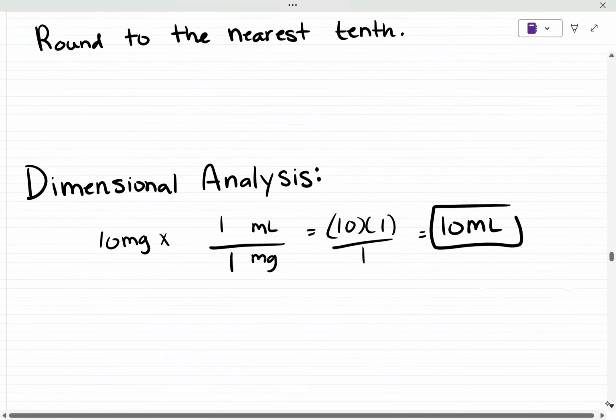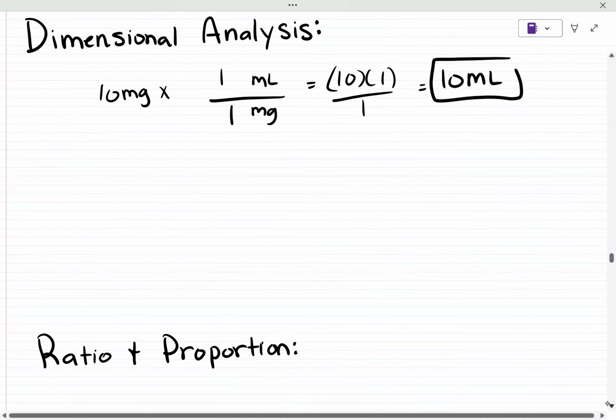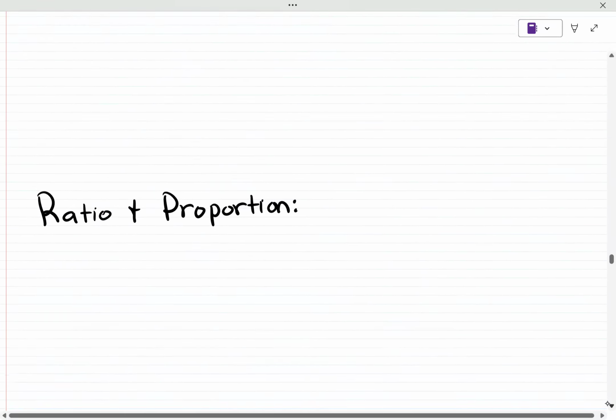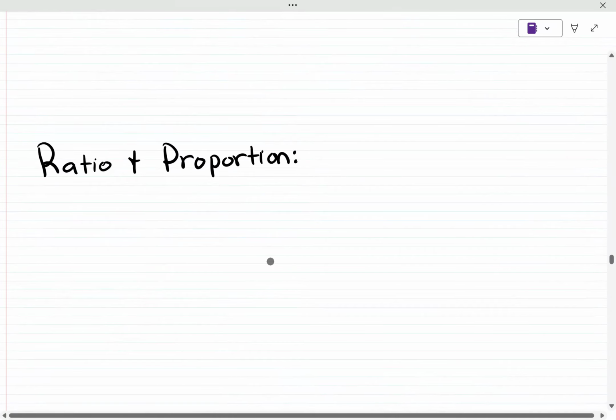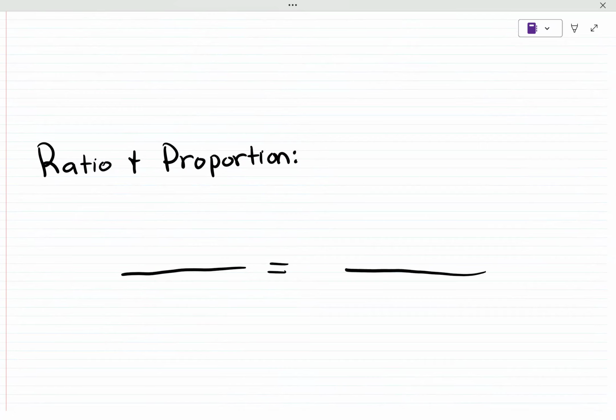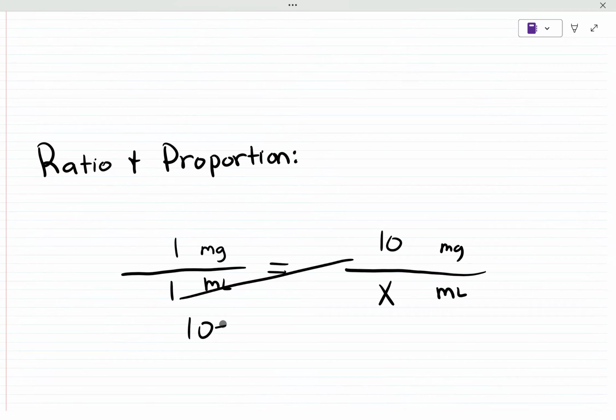So ratio and proportion. Milligrams on the top, milliliters on the bottom. For 1 milliliter, there's 1 milligram, and for 10 milligrams, it's X milliliters, that's 10.